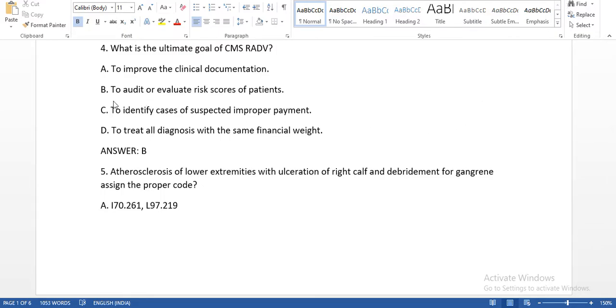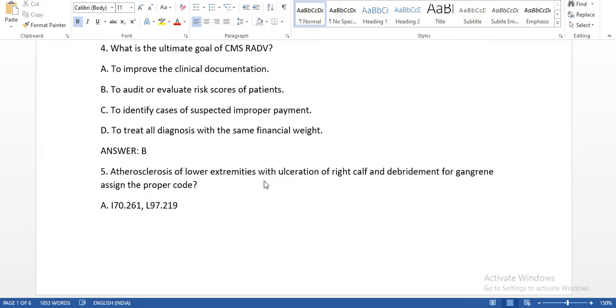Here our answer is B, to audit or evaluate risk scores of patients. What is the rationale for that? Basically the ultimate goal is to evaluate CMS proposed changes in risk adjustment strategy closely and the collection of all relevant information from the patient medical records of MA plans.